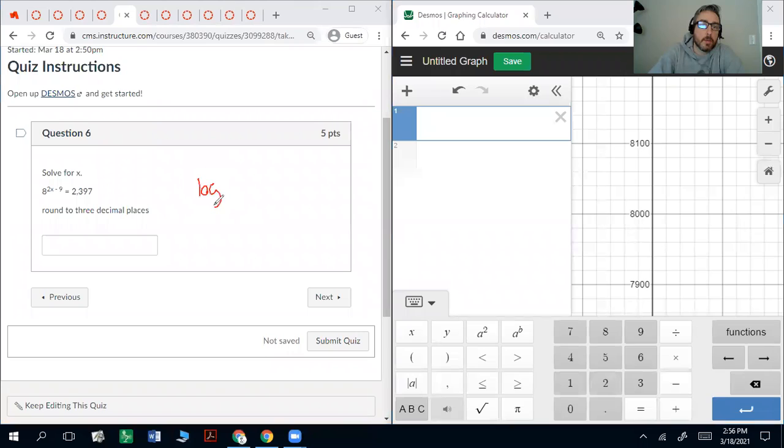This is already ready to be put in the log. You always put your exponent on the other side of the equation. Since we don't have anything added or subtracted or multiplied at the front, let's figure out what log base 8 of 2397 is.